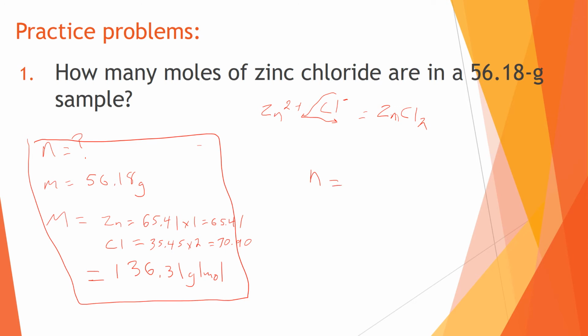N, the number of moles, is equal to the mass divided by the molar mass. Then I just plug my numbers in: 56.18 grams divided by 136.31 grams per mole. Grams cancel out.